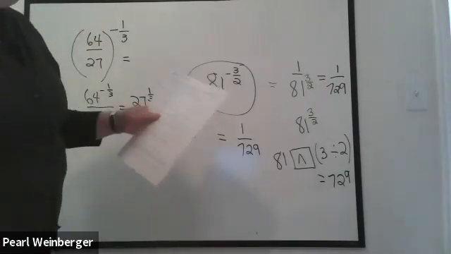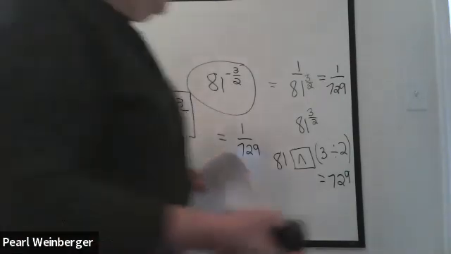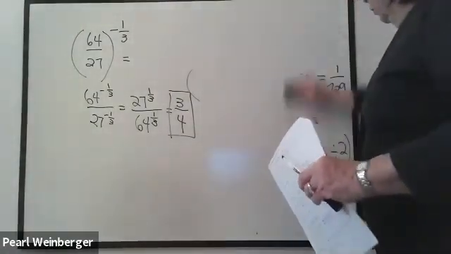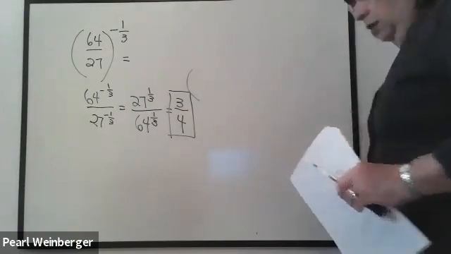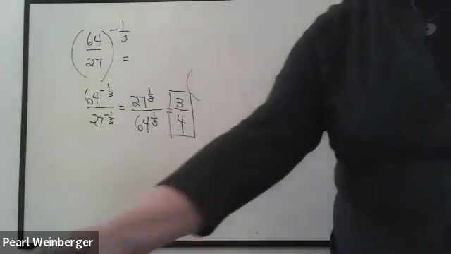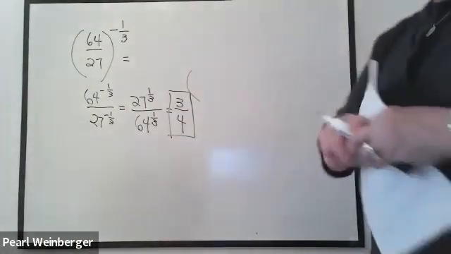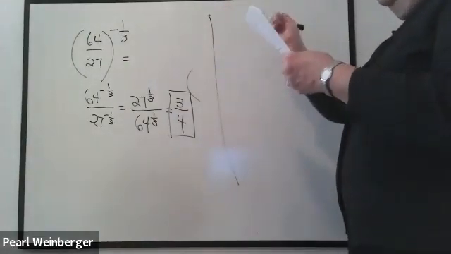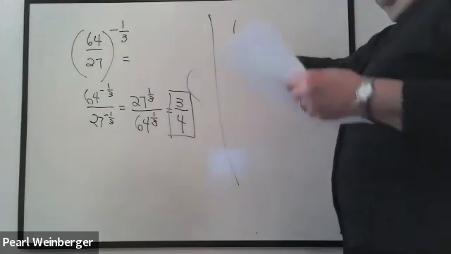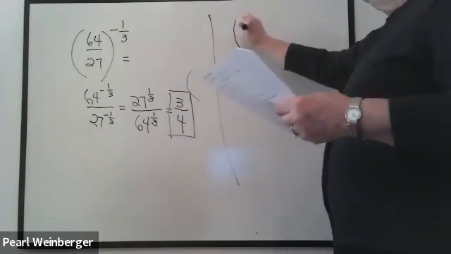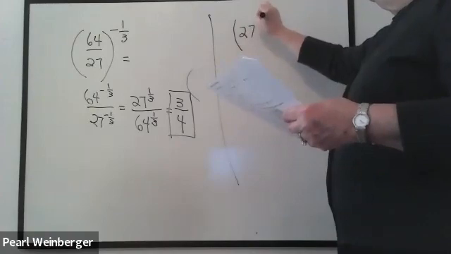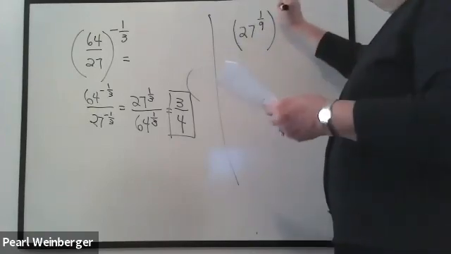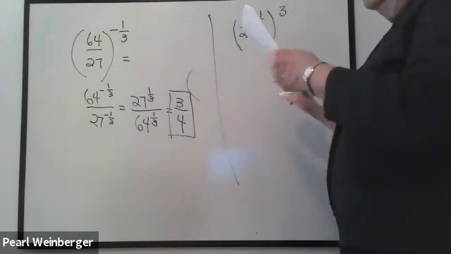Here's a question that was on a final. This is going to be a multiple choice question. It says evaluate 27 to the 1/9, to the with a 3 on the outside.